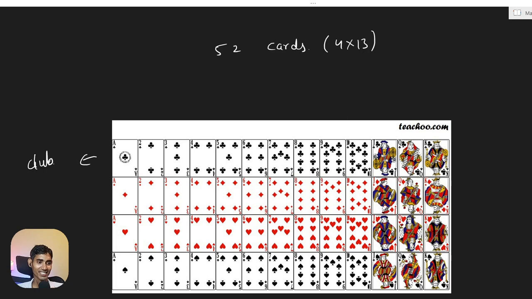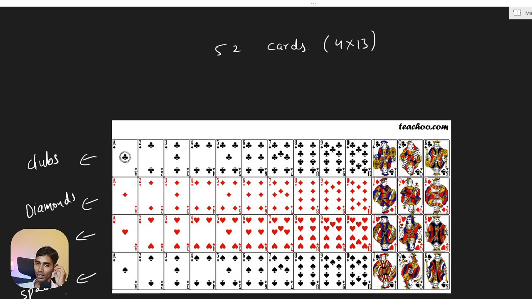Clubs. This is diamonds. This is hearts, the human organ, and this is spades.